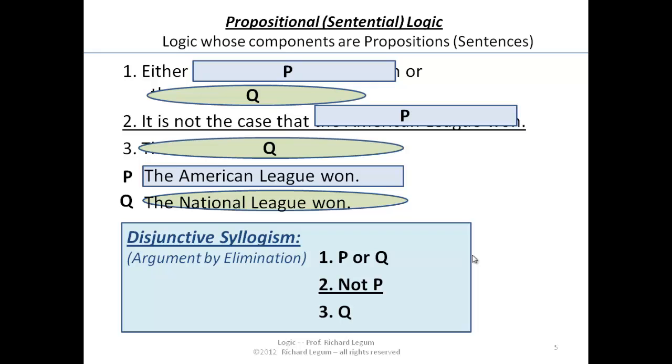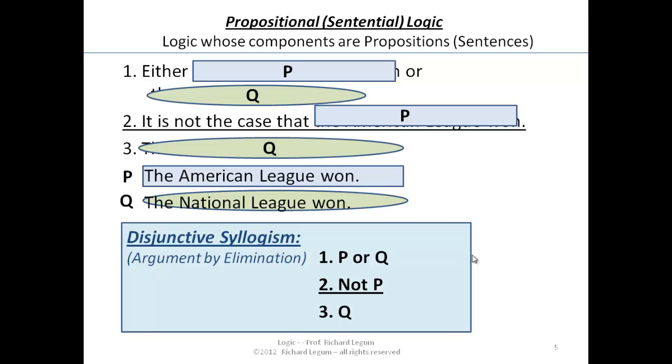Syllogism is basically an inference from two premises to a conclusion. So the syllogism is this inference from premise 1 and premise 2 to the conclusion, which is 3. It's a disjunctive syllogism.